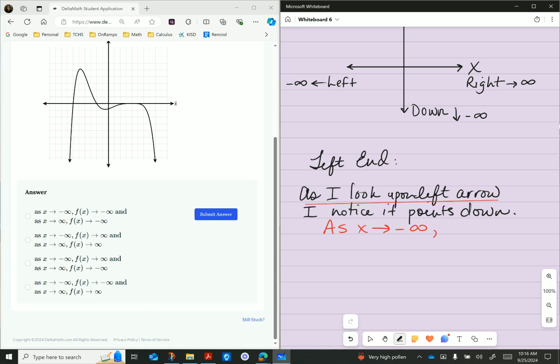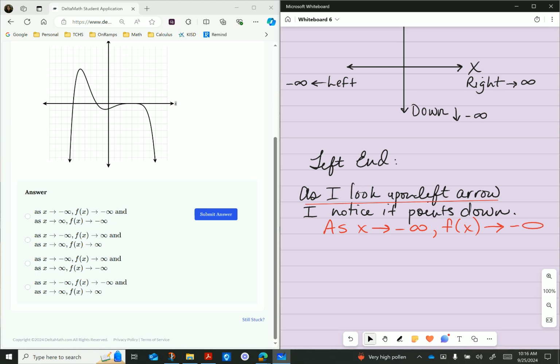Well, I notice that the graph, and this graph is called f of x, my graph is going down. So down means put the little arrow, meaning approaches. It approaches down, negative infinity.